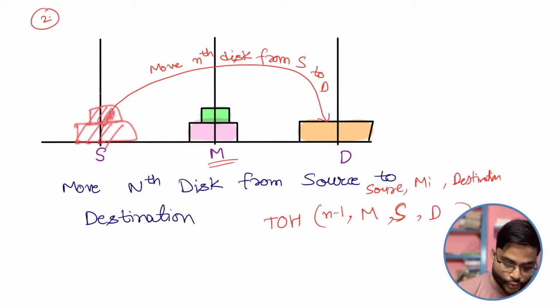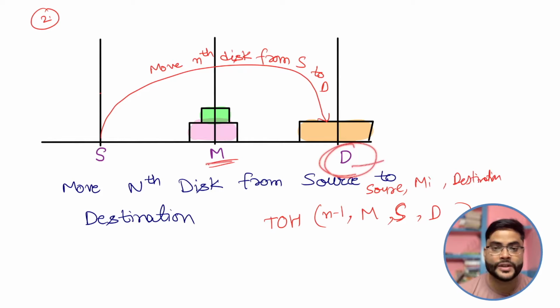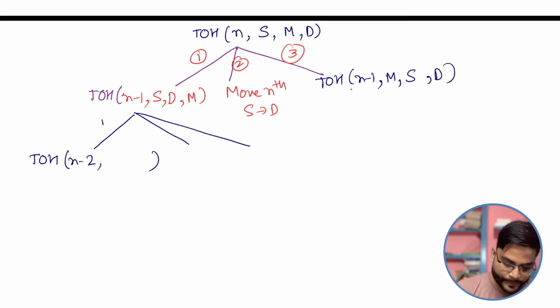To move this disk to middle, I have to move this lightest disk to here. So my destination changes from middle to D. At every call, my middle and destination will keep on changing for my first function call. In the previous call, my destination was middle, so now my destination will be D and it will be M, right?